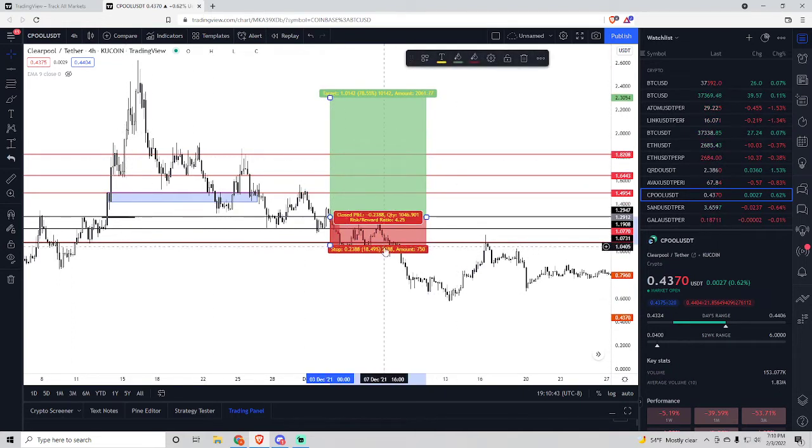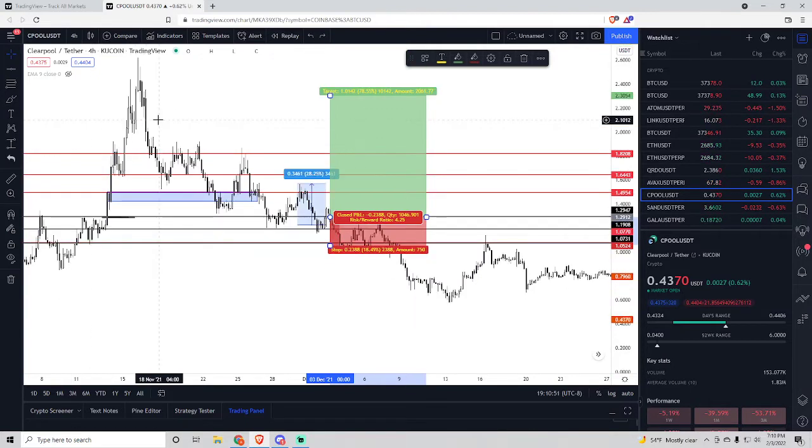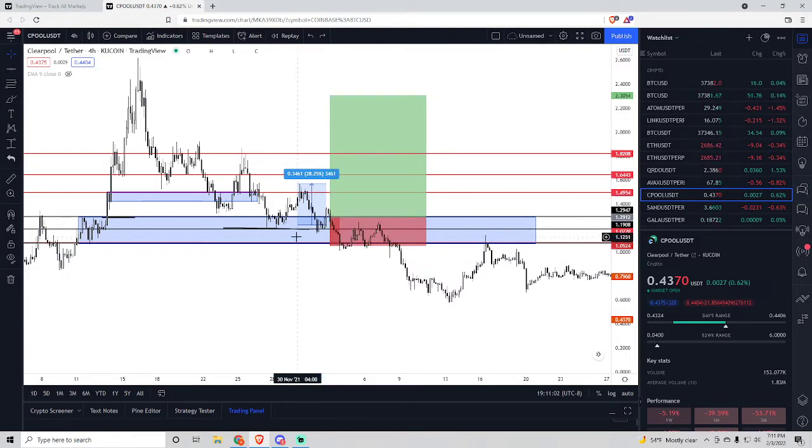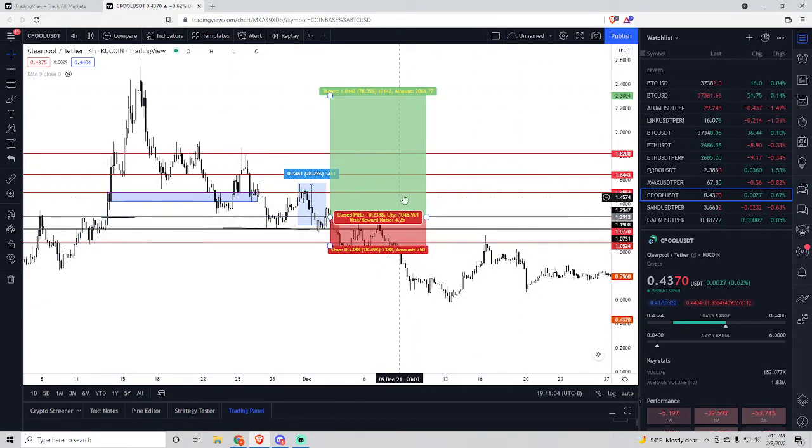Why did I use the stop loss placement here? It's below this low wick. If I add the zone back in, it's under my box and below that wick. So we're going to go ahead and remove the box.